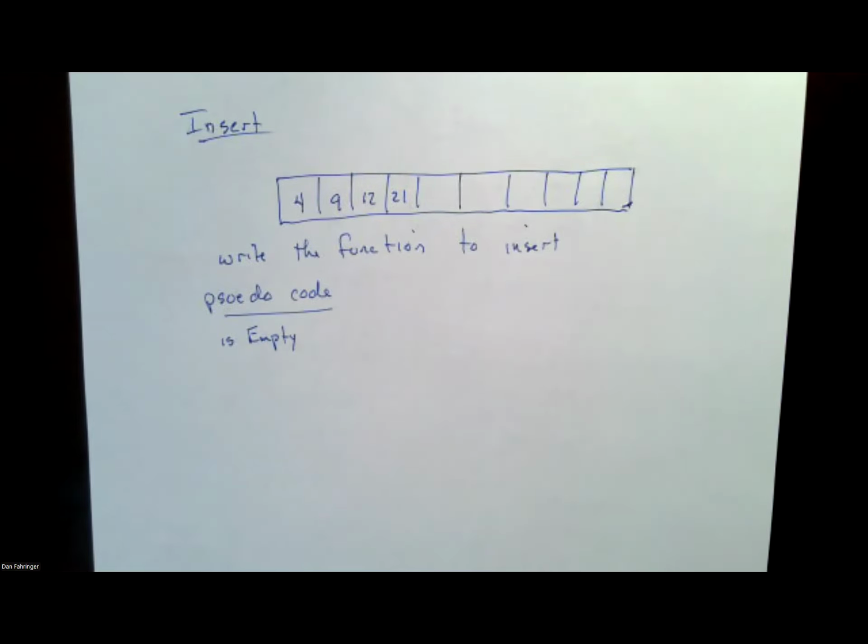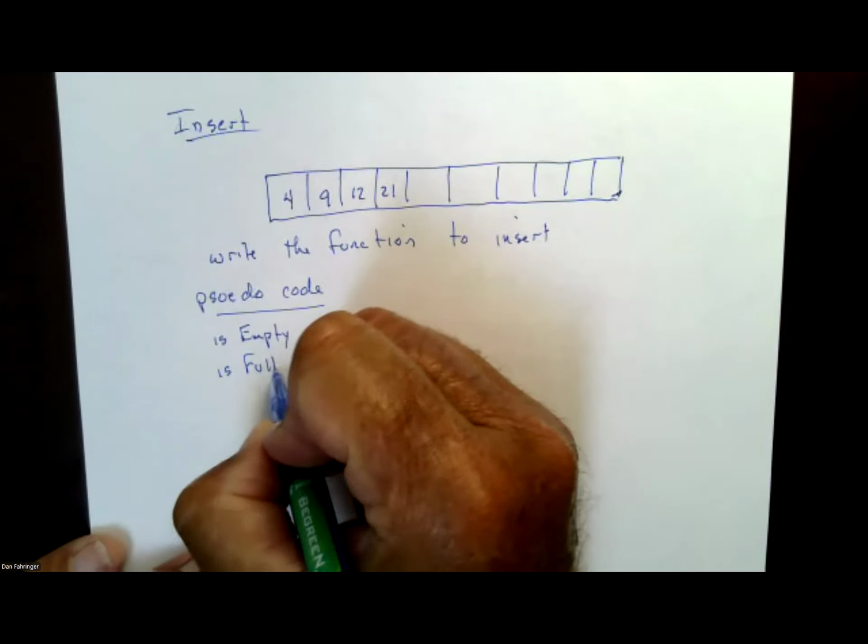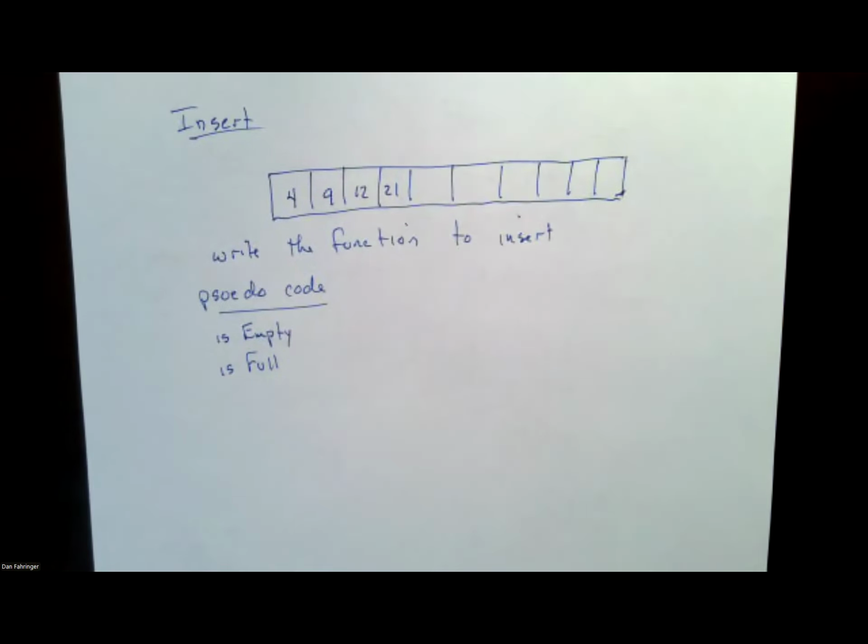If it's empty, I'd insert into the first spot. We may also need something called is full. I'm going to have to check if it's empty. Hopefully, that's already written and tucked away somewhere, but in our case, it's going to be easy. Then my next question is going to be, is it full?